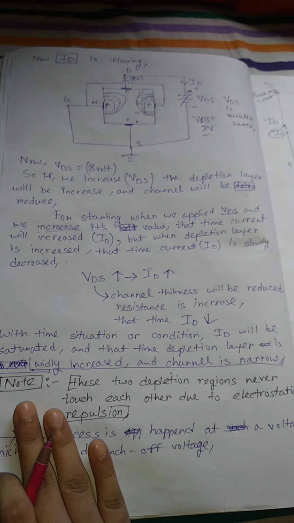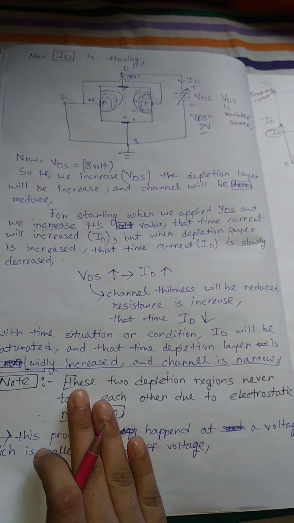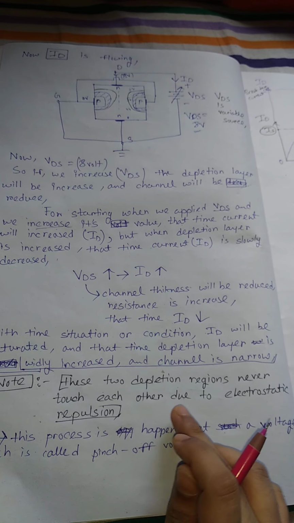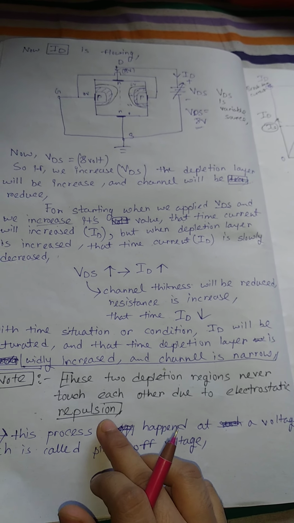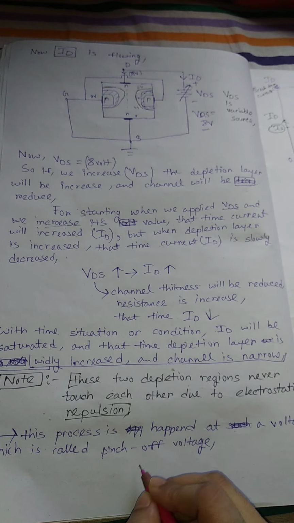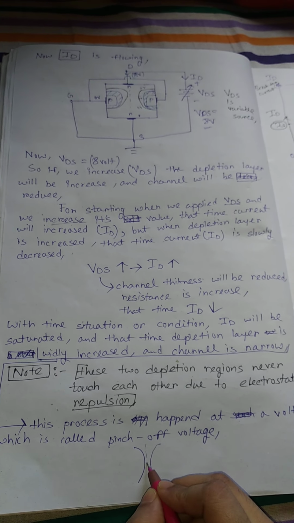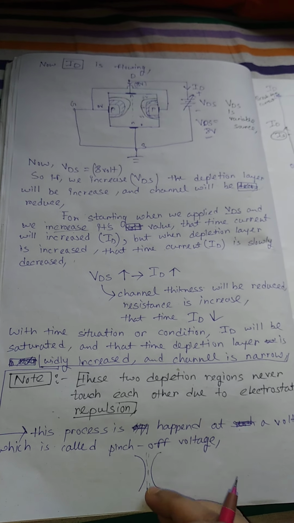So this is a note. Always remember, these two depletion regions never touch each other due to electrostatic repulsion. So these two depletion layers never touch, there is always some space.